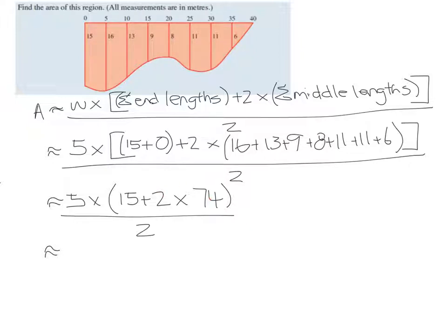So I go 2 times 74 equals, plus 15 equals, times 5 equals, divided by 2. And when I do that, just in case your calculator doesn't do it for you, I get the answer of 407.5. Now, I'm going to round that and say 410 square meters.